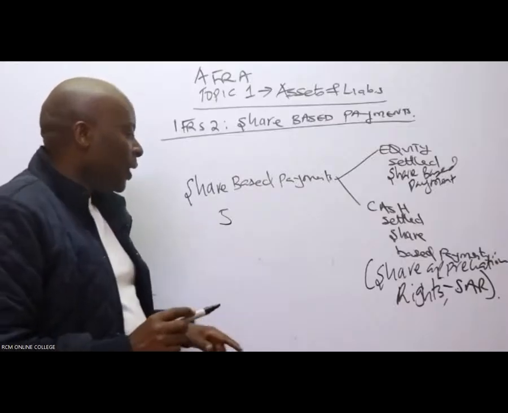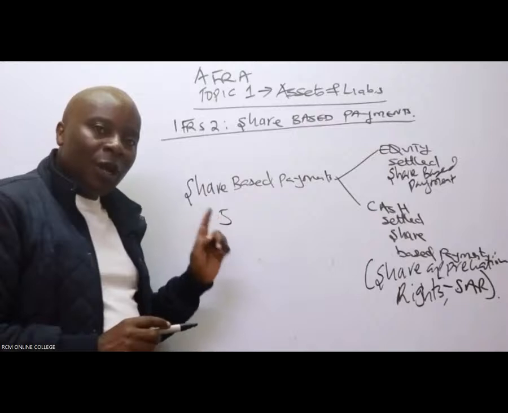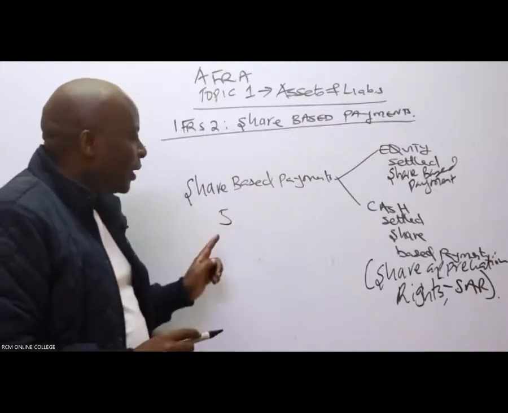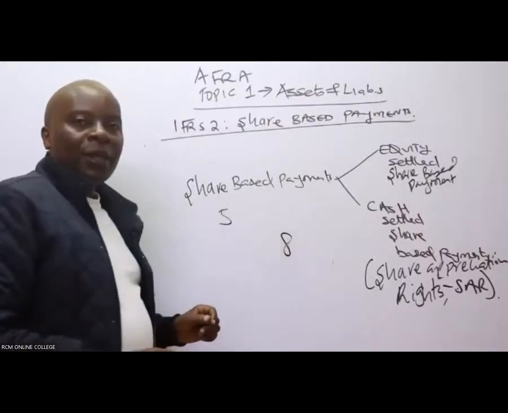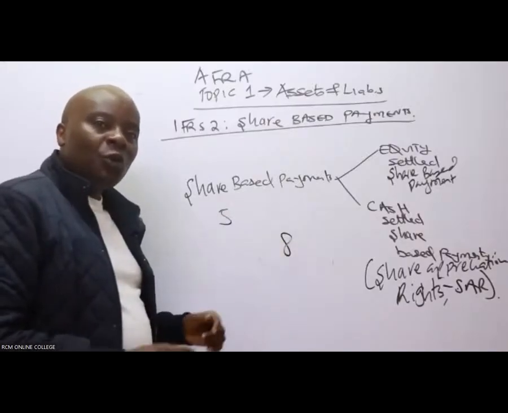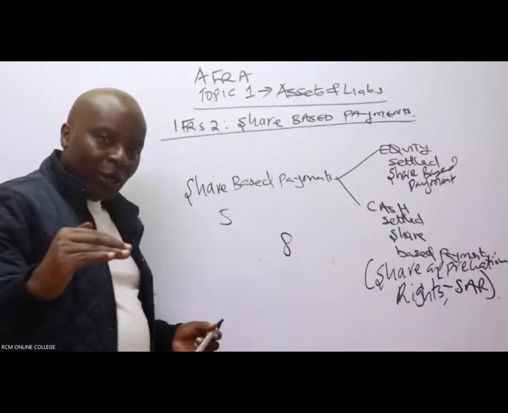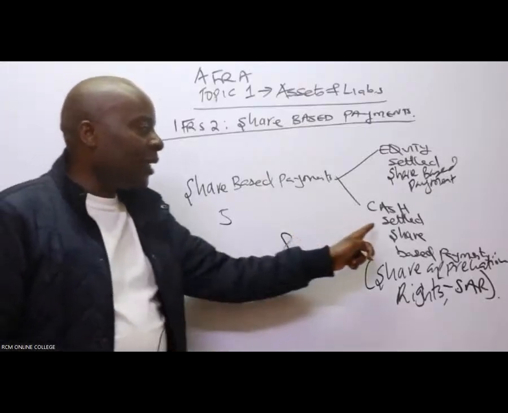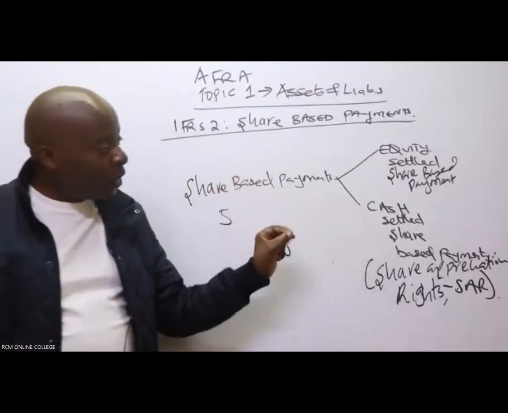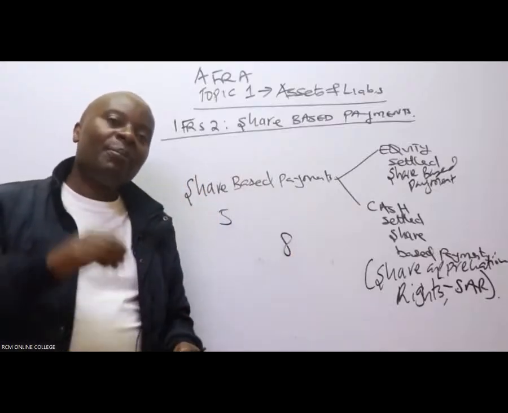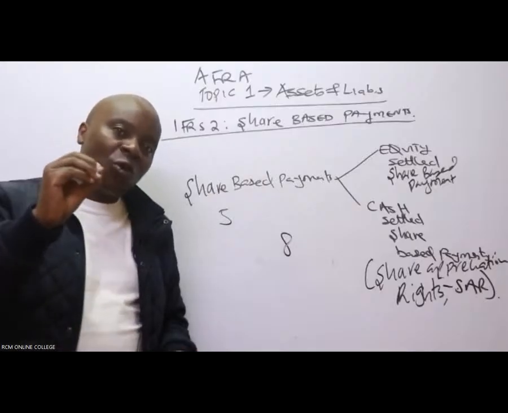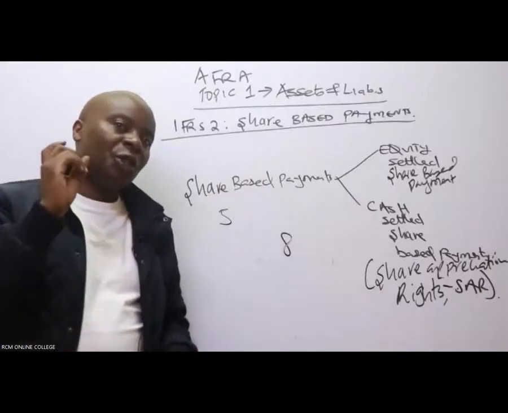Come end of the year, if our share price appreciates, for example, to 8, then we shall give you some bonus. We are not going to give you shares here. We shall give you money. We shall give you bonuses, but this bonus is based on share price, share appreciation.